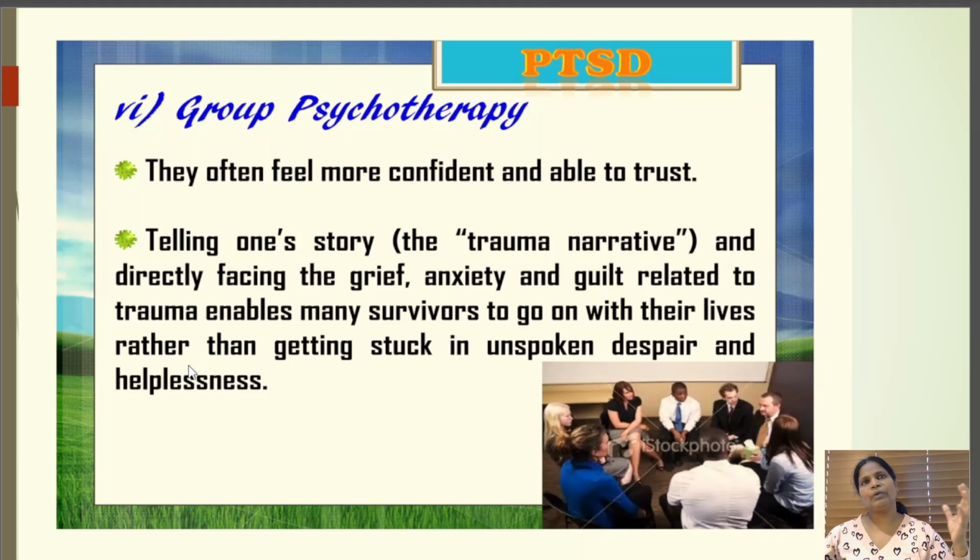When the group of people gather there, they share the incident from their own perspective, their own view, and explain what they have viewed as traumatic, which might be lighter for another person. Whatever feelings they are having, anxiety, guilt feelings, they are expressed, shared, and later on they get support. They feel it's not me alone in this world who is suffering, there is another person still, and they try to comfort each other. That's how group psychotherapy works out.